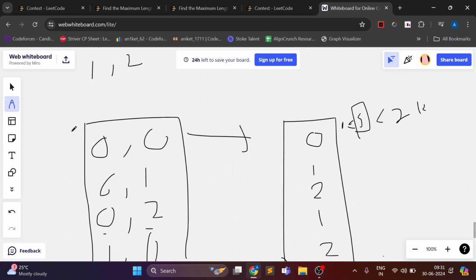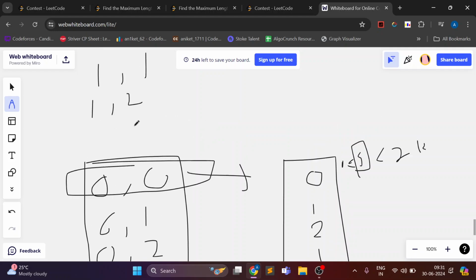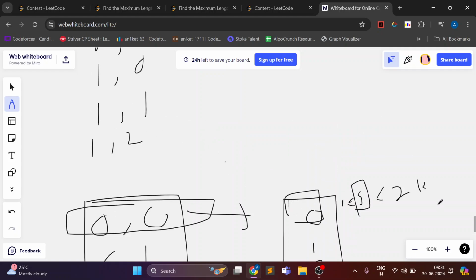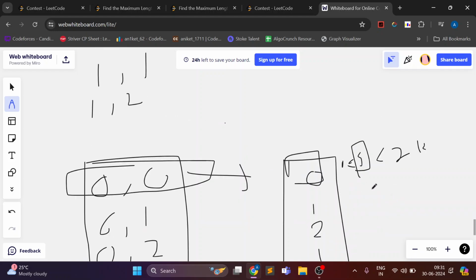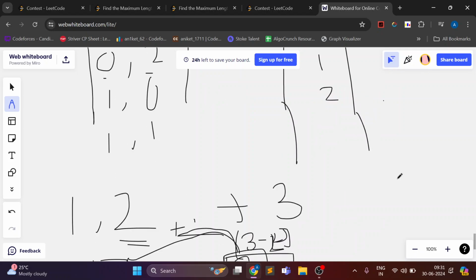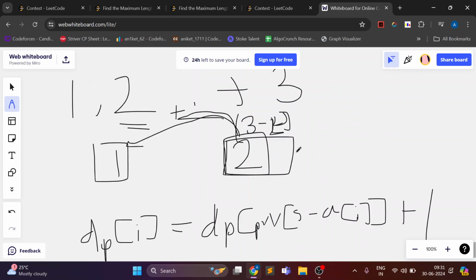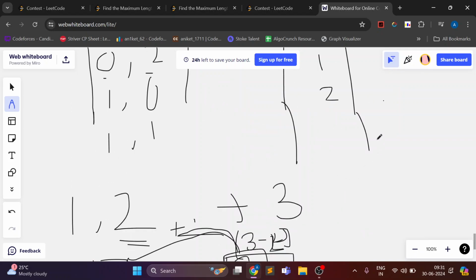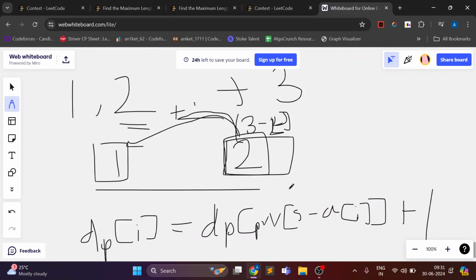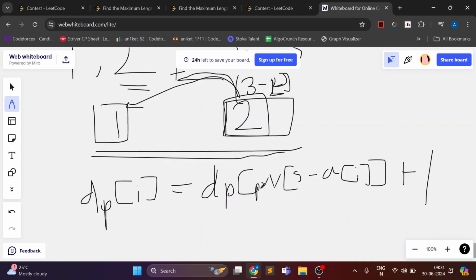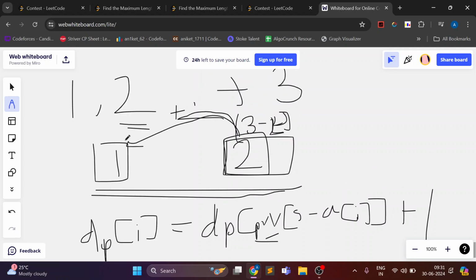So first of all, we change this 2D state into a single state with its sum, and for each sum we check what is the maximum subsequence using DP, and in addition to DP I also need a previous vector which will store the previous index of all the elements.